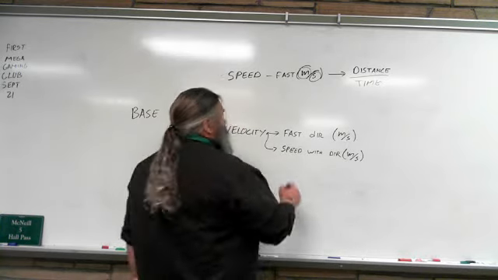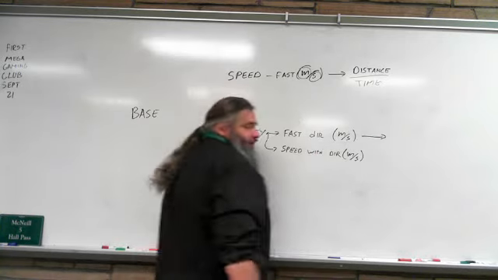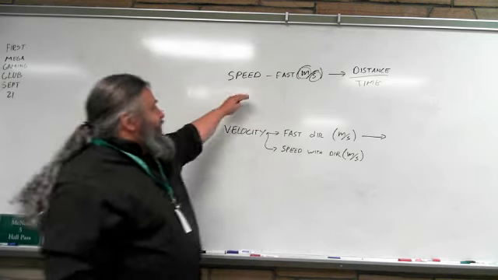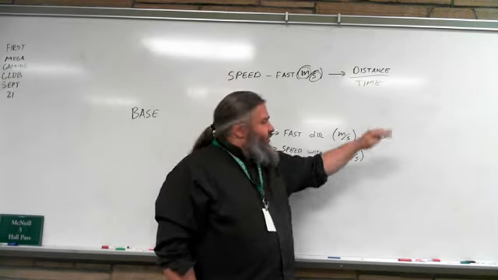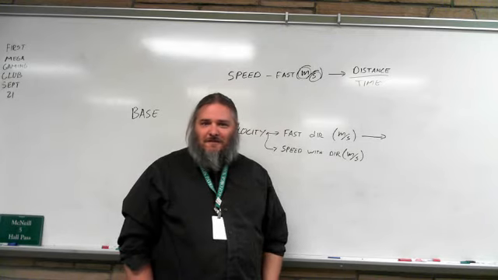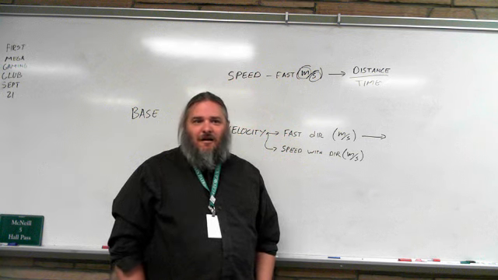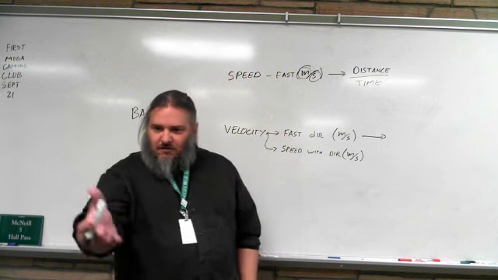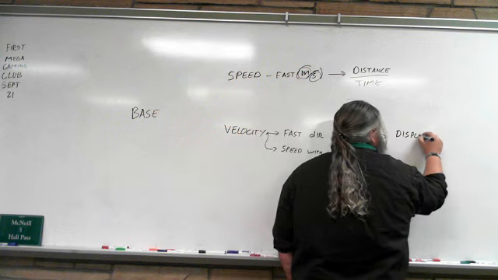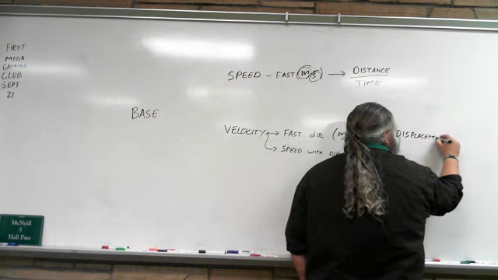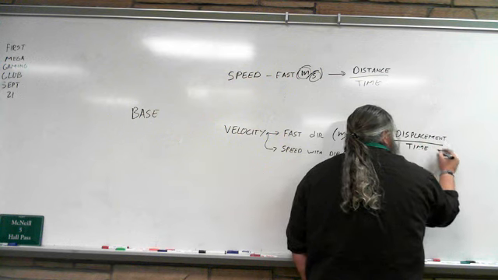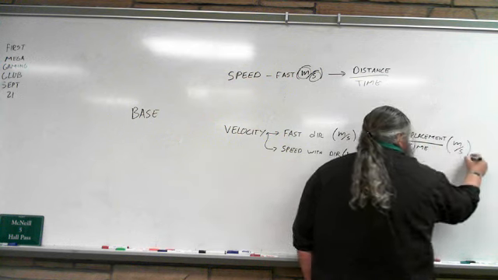That being said, what do you think the equation for velocity is? If speed is distance divided by time, what do you think velocity is? Displacement divided by time, which is meters per second.